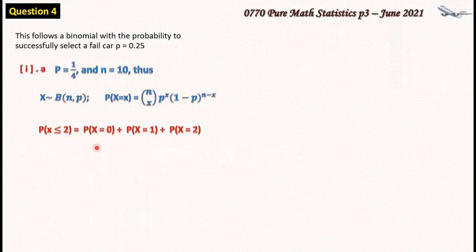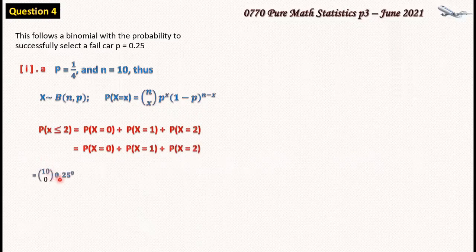This is it. So this will just be equal to the probability of x equals 0 plus the probability of x equals 1 plus the probability of x equals 2, which is equal to 10 combination 0 times 0.25 to the power 0 into 1 minus 0.25 to the power 10 minus 0.